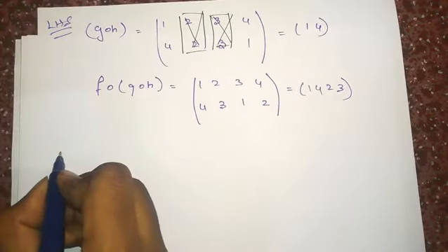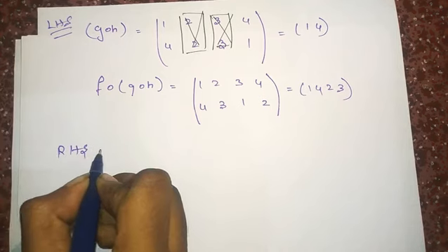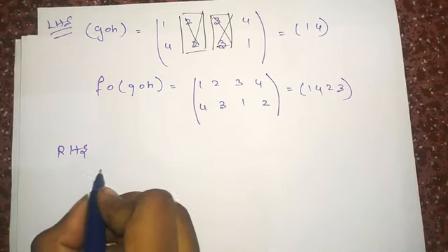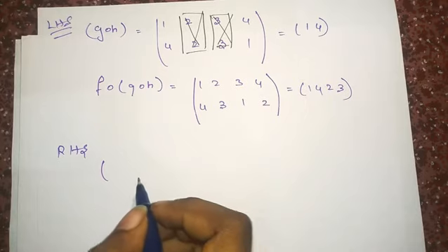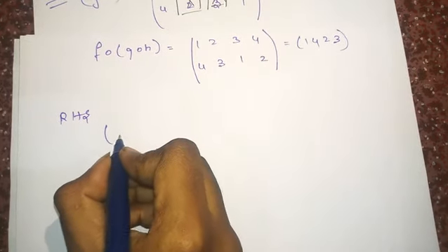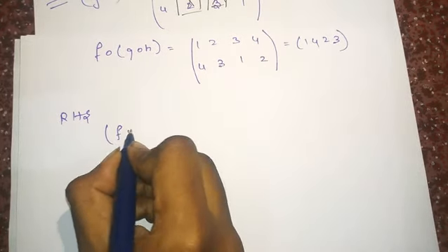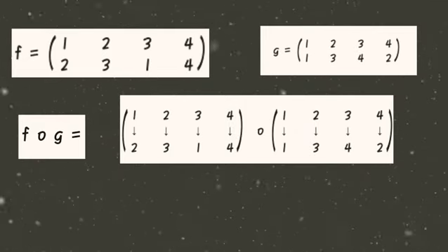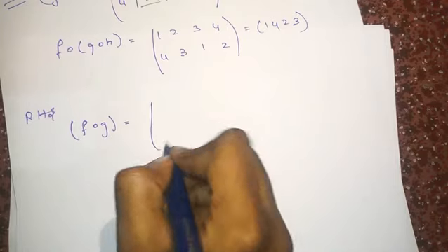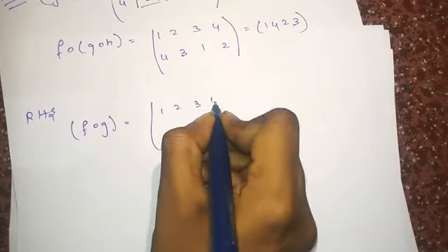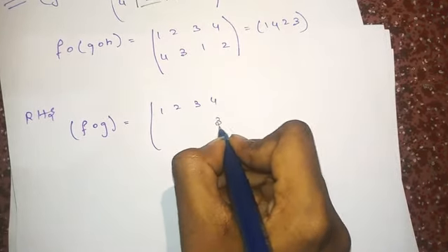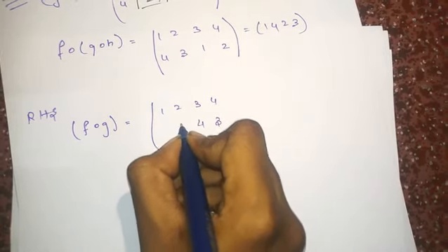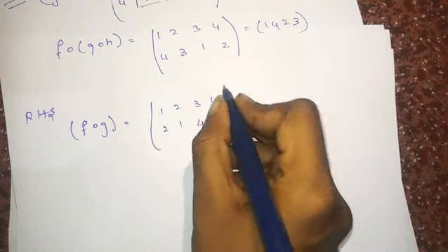Now we will see what is the answer of this RHS part. First I'll compute F composition G. 1, 2, 3, 4. 4 is mapped to 3, 3 is mapped to 4, 2 is mapped to 1, and 1 is mapped to 2.